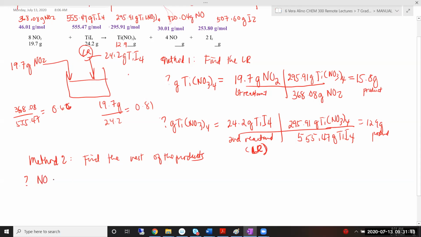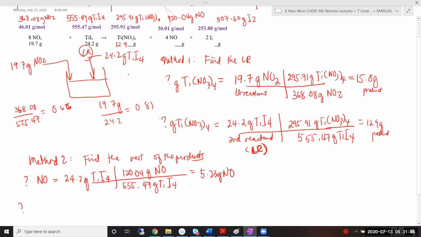How much NO is produced if all of the 24.2 grams of the limiting reactant is used up? And this time I'm going to use mass ratio. For every 555.47 grams of the reactant, I can make 120 grams of NO. That gives me a value of 5.23 grams.